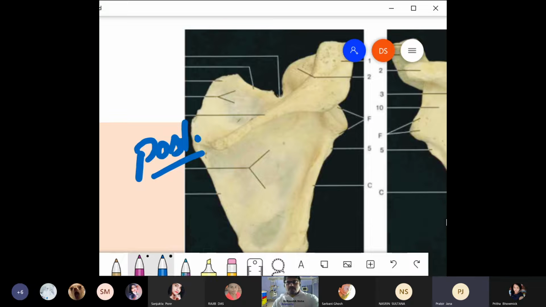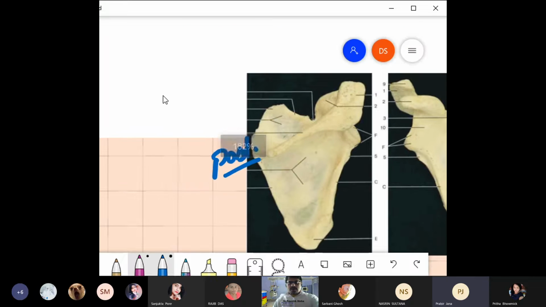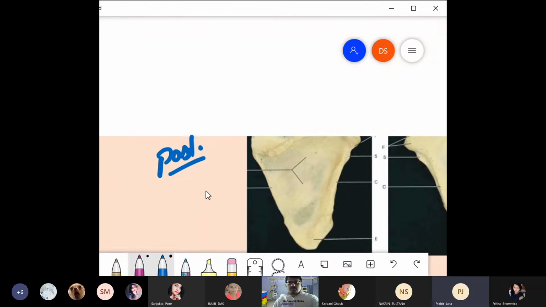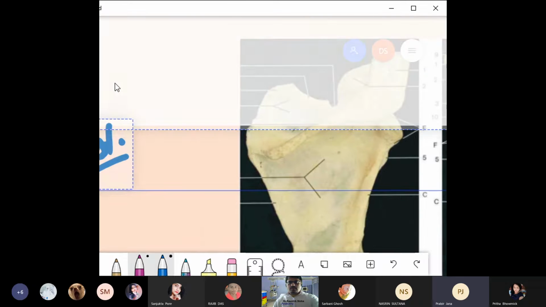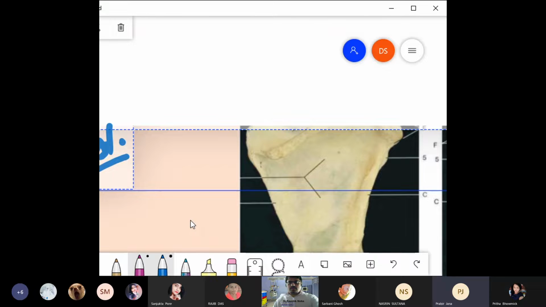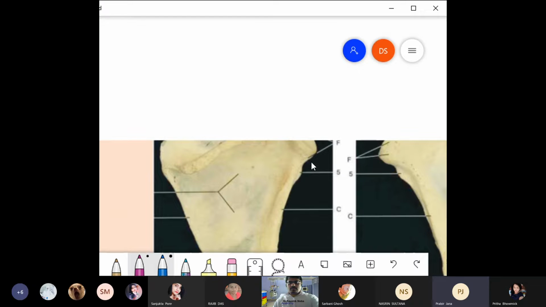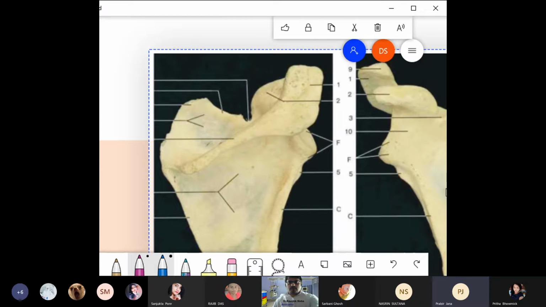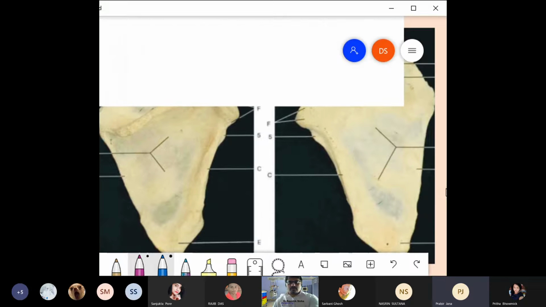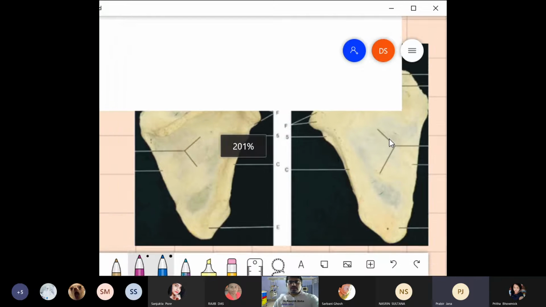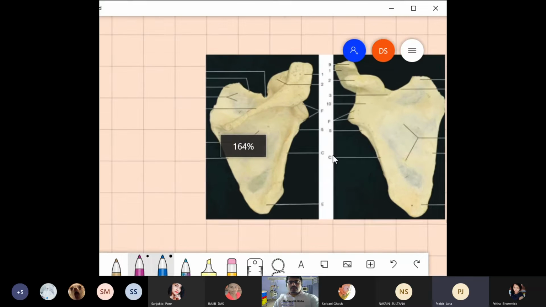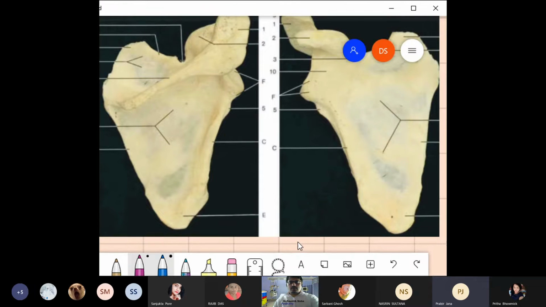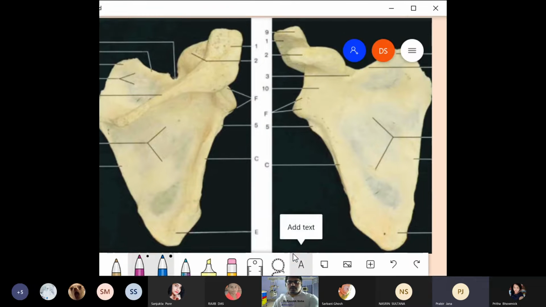And this one out here on the side is the anterior view. There might be another diagram on the top which I need to remove. This is the anterior view.